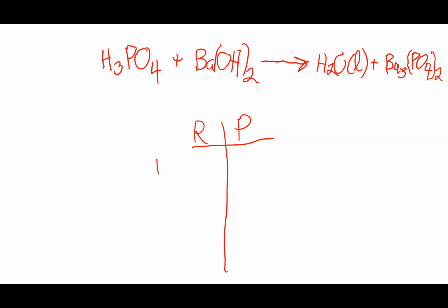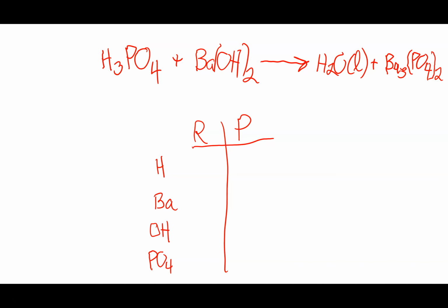Now, I've got hydrogen as a cation, I've got barium as a cation, and then since my 2 anions are polyatomic ions, what I'm going to do is I'm just going to write them as polyatomics, because the polyatomic ion didn't actually break during the course of this reaction. So now what we do is we start counting up, and I always say start with the simplest one first.